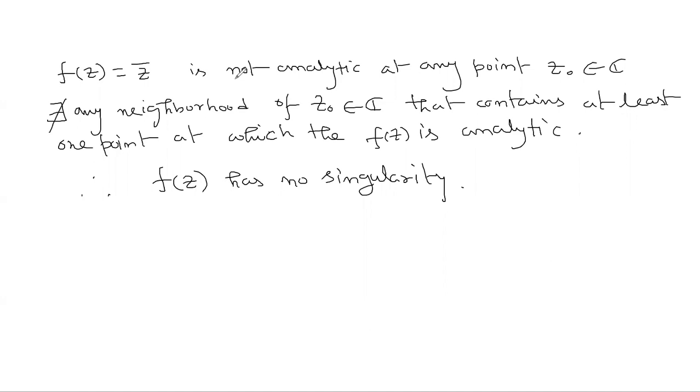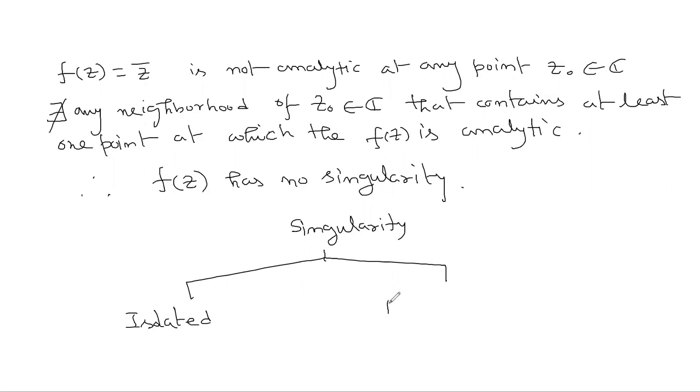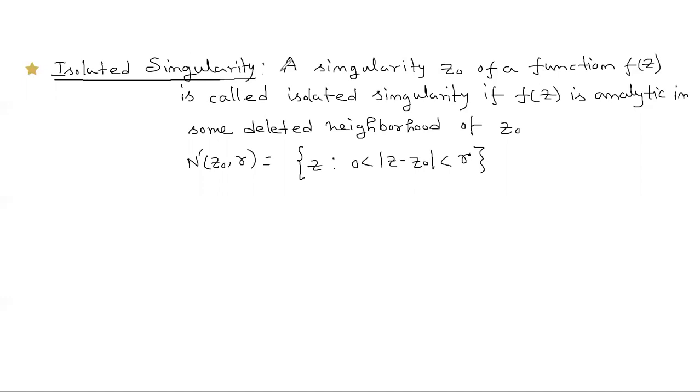Next, the classification of singularity. So singularity can be classified as isolated and non-isolated kind of singularities. So what is called isolated singularity? A singularity z0 of a function f(z) is an isolated singularity if f(z) is analytic in some deleted neighborhood of z0.